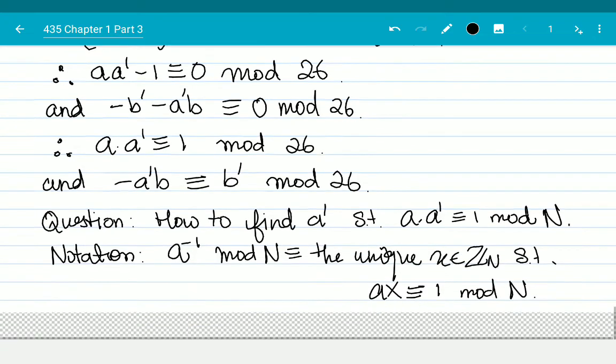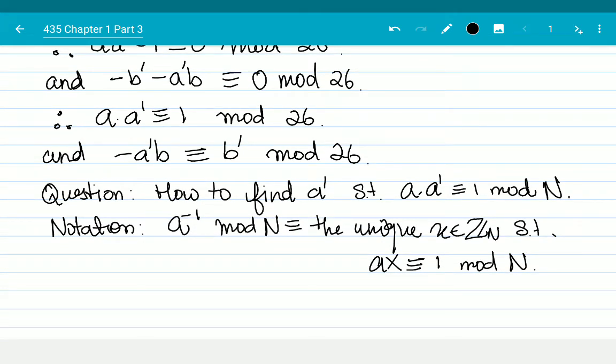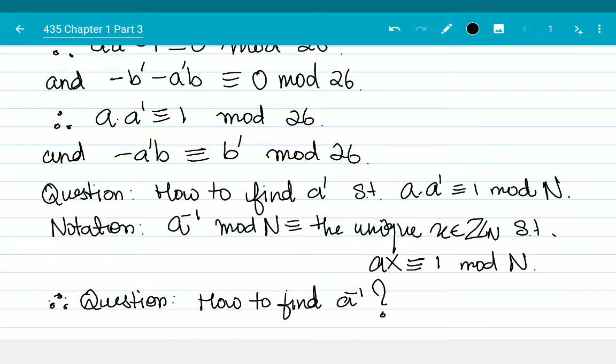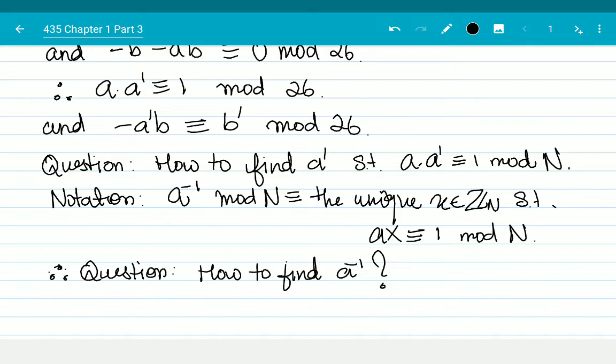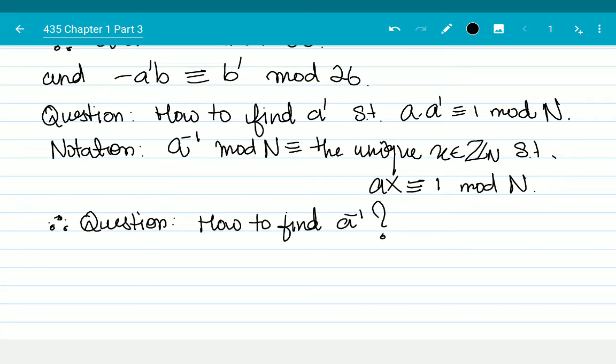Okay, so basically we are asking, how to find a inverse. How do we find a inverse?